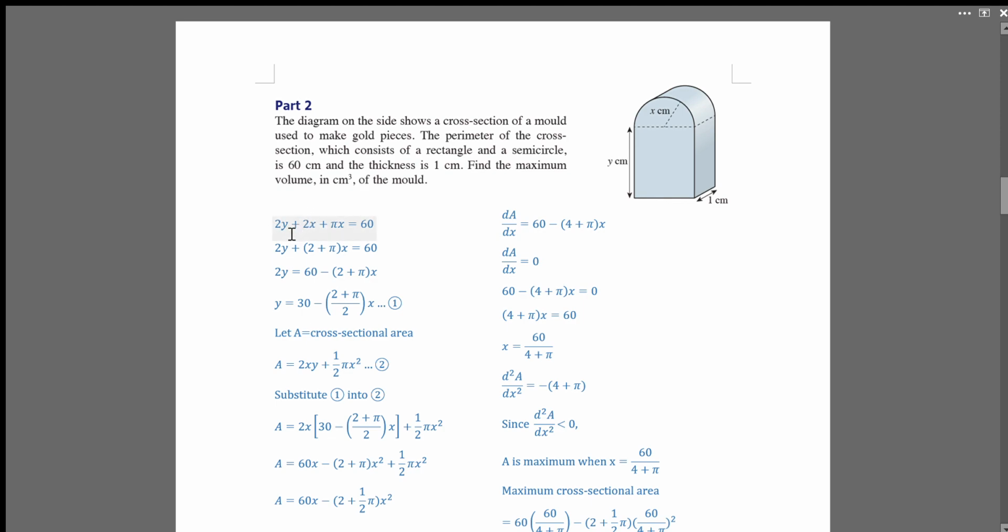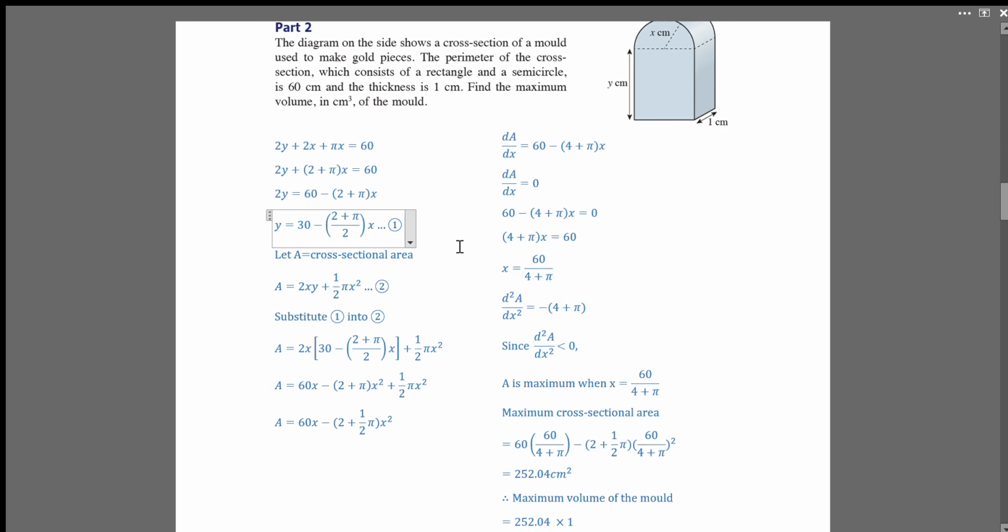So I can come up with this equation: 2y plus 2x, where 2x is the diameter of the semicircle, so it is the rectangle part plus pi x, where pi x is the length of the arc, equals 60. So I can get y in terms of x.